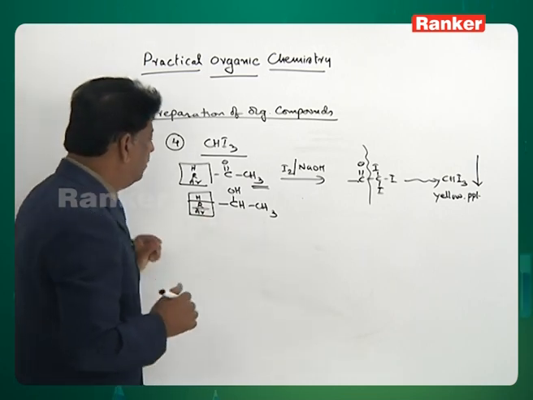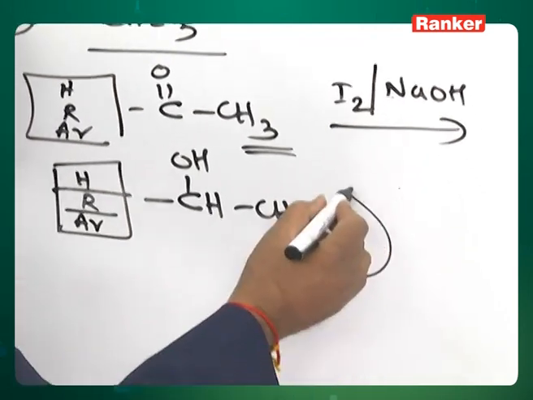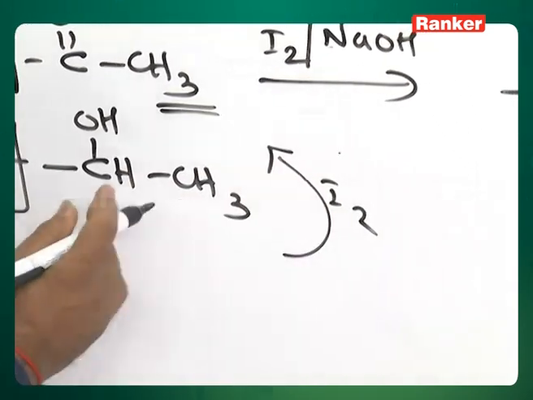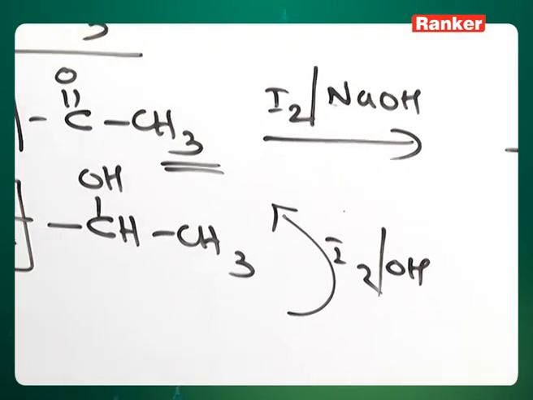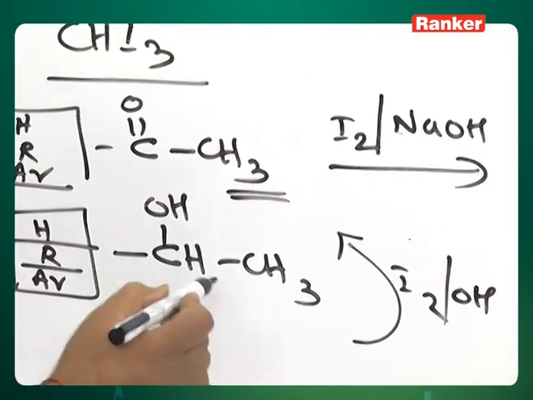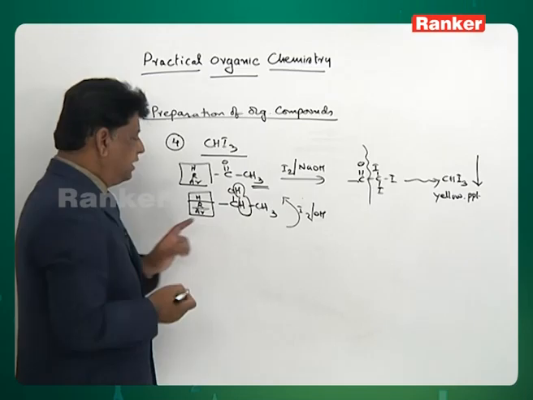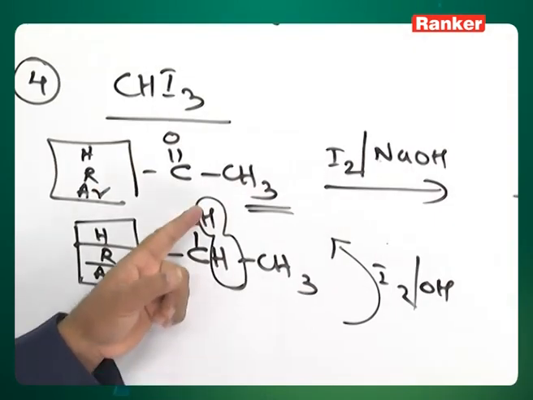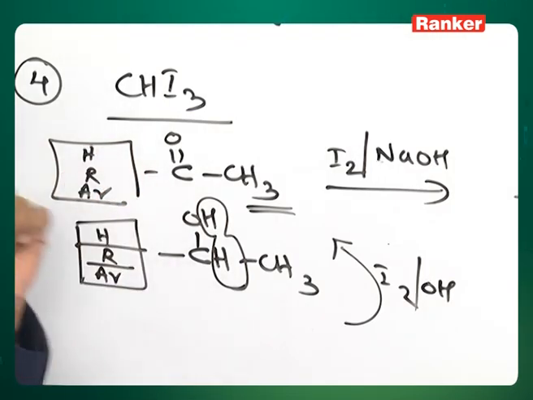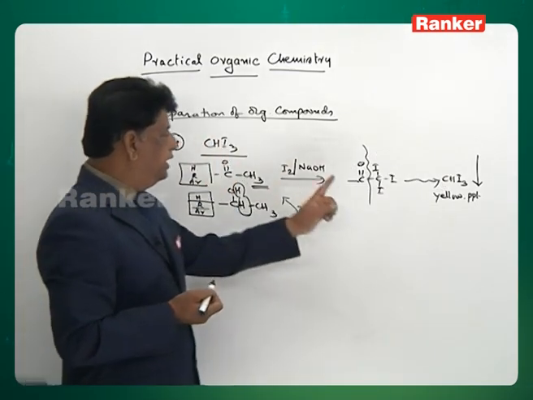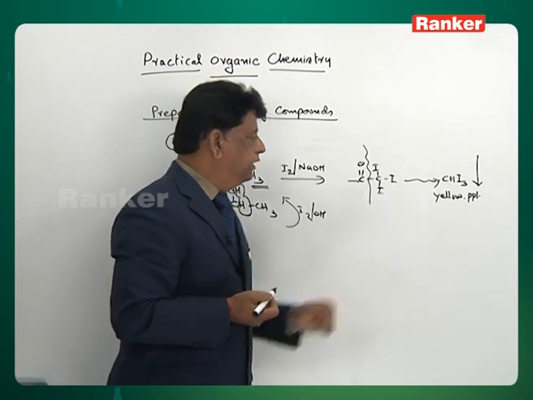Even this one also, when you add iodine and NaOH, first it becomes this type of carbonyl compound. In basic medium, it gets oxidized, the hydrogens get removed, halogenated, and 2 moles of HI come out. This compound first becomes a carbonyl, then iodinated, then cut at this point.